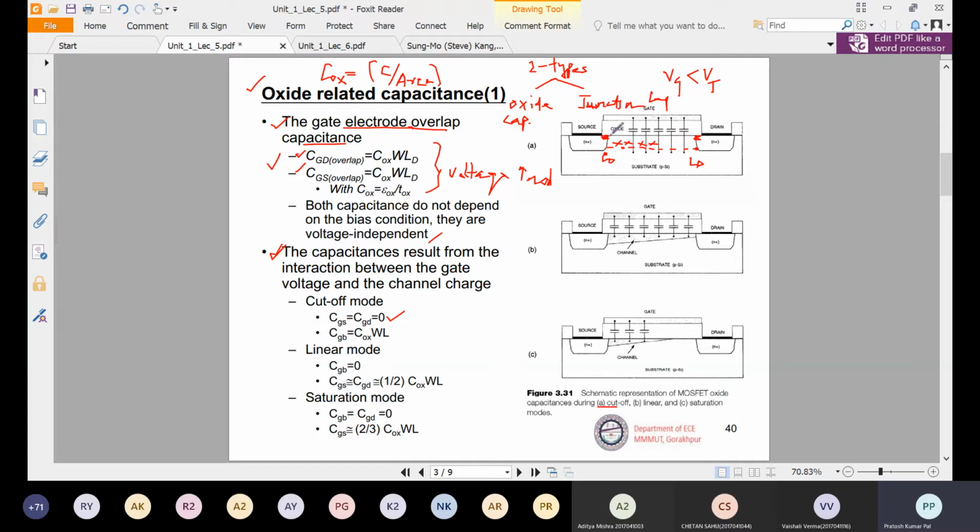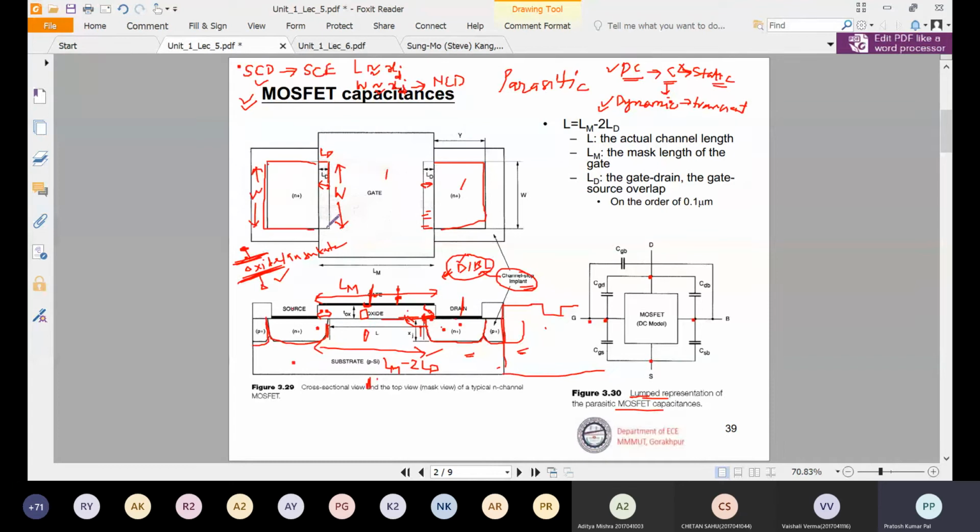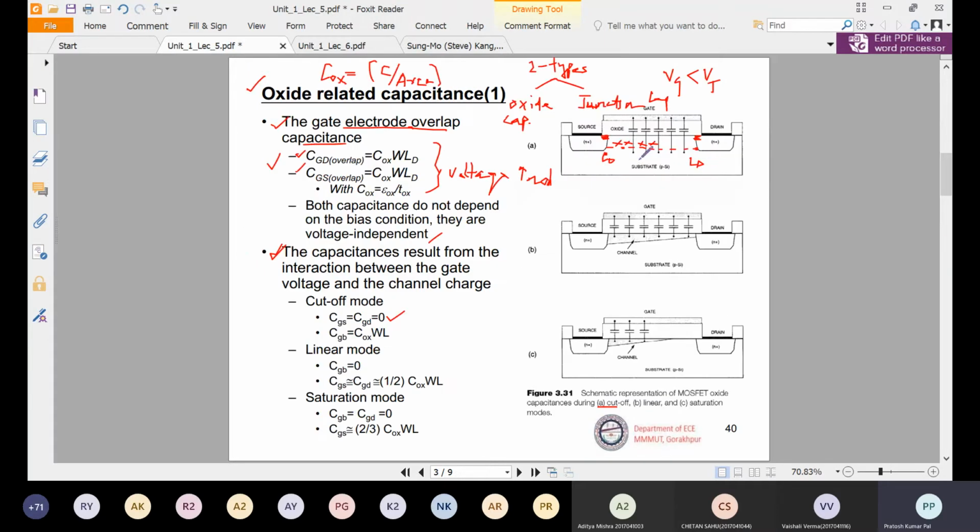Only this region, having a length this much and a width given by this width, is the channel region. Up to here the channel region will be there, and up to this point the channel length will be there. Okay, and this indicates the channel width.